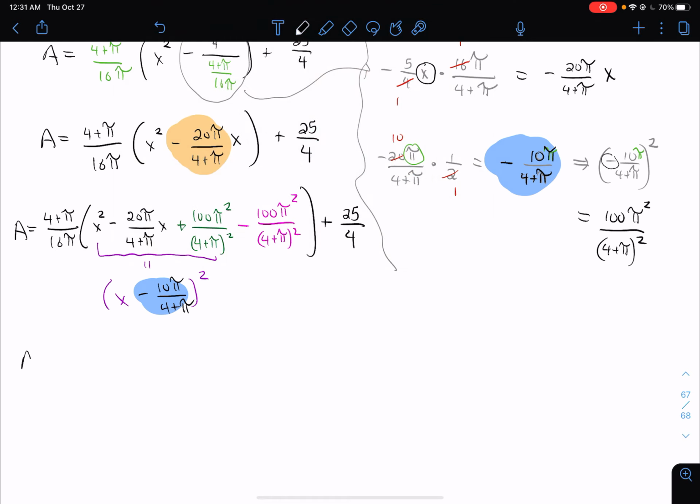So we'll get area equals the leading coefficient 4 plus pi over 16 pi. That'll get distributed to the perfect square. The perfect square was that x minus 10 pi over 4 plus pi quantity squared. And then it also gets distributed to the last term.